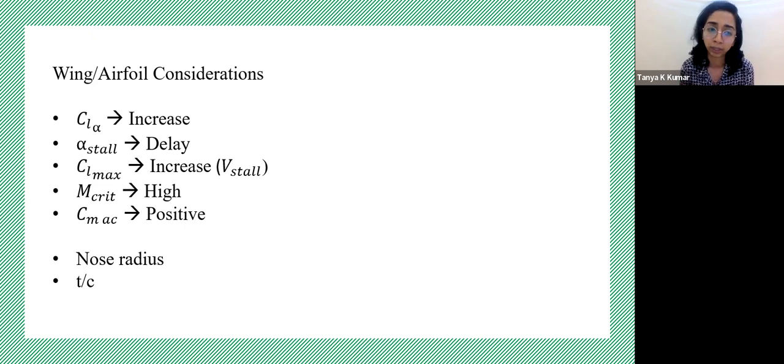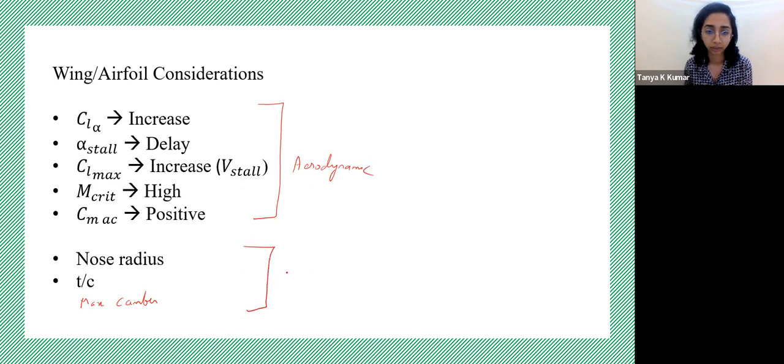And then you have some geometric parameters, that is the nose radius, thickness to chord ratio, maximum camber, location of maximum camber, location of minimum pressure. All of those are geometric parameters. These are your aerodynamic parameters, and these are geometric.